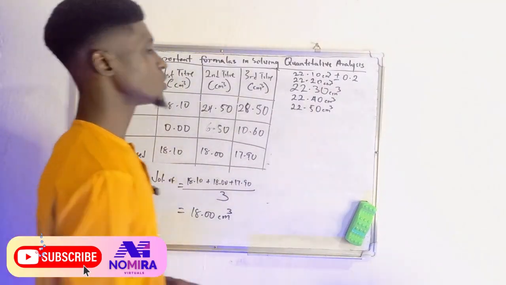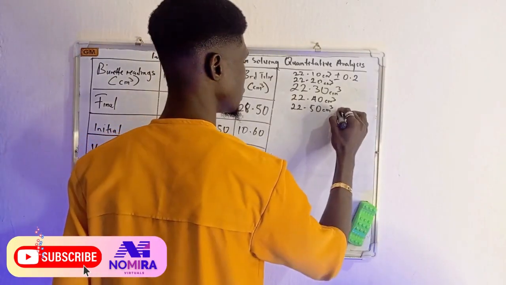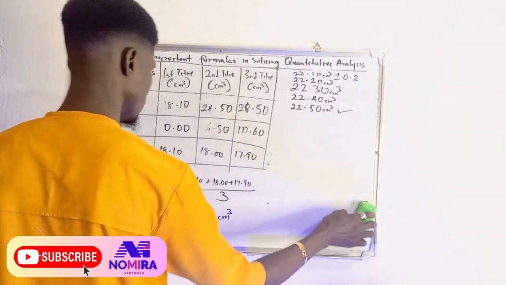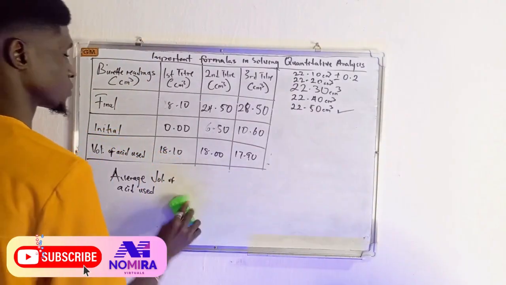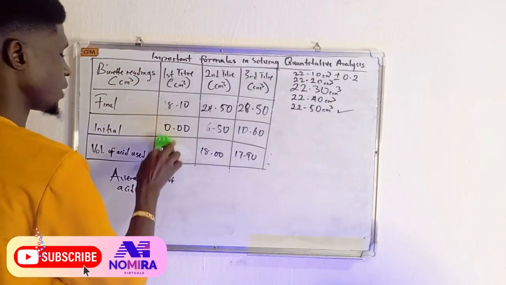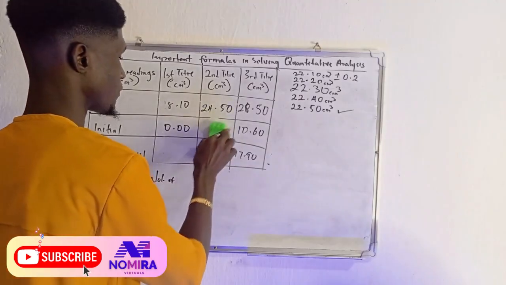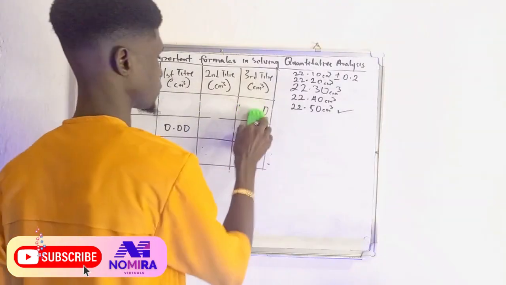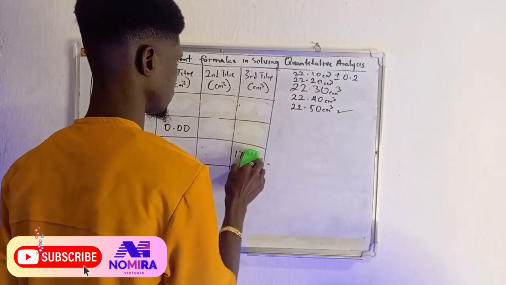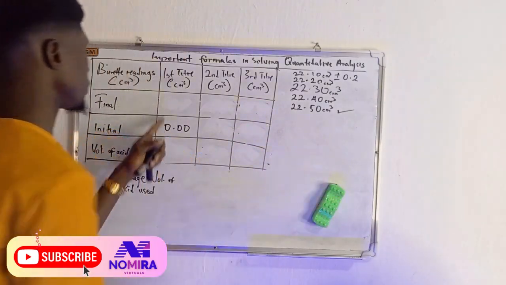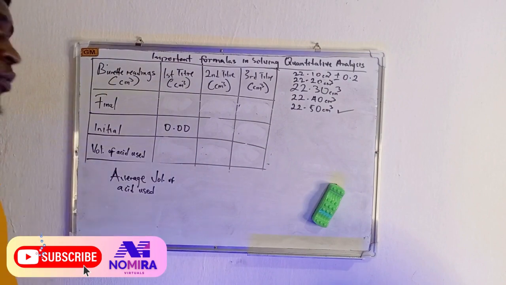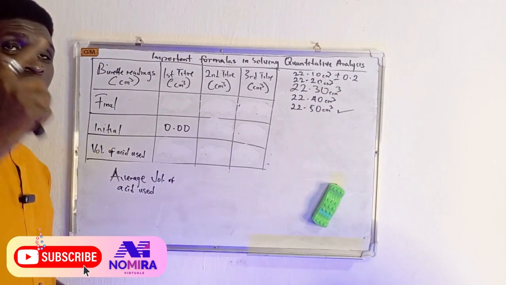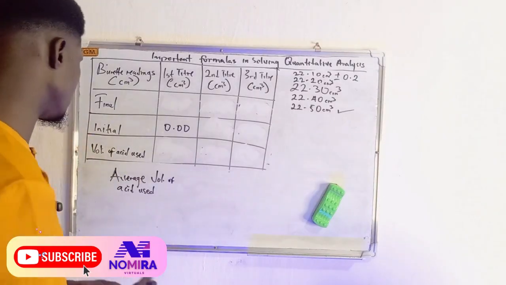Is that okay? So let us choose one. Let's say we want to get 22.50 cm cube. Okay? So let's wipe this. Your first titre must have initial of 0.00, okay, because it shows that you filled the burette while conducting your titration.